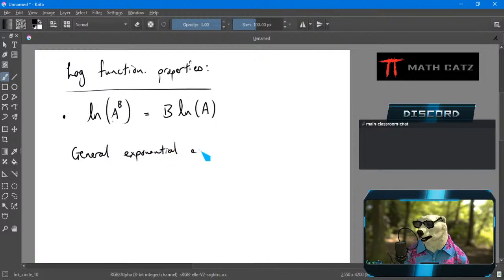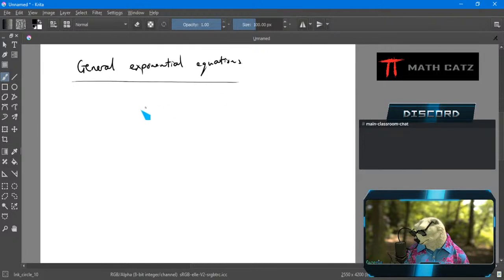Now, previously, we have seen the basic exponential equation where I need the bases to be the same. Using this property and logs, I don't need that anymore. For example, now we're not going to do a ton of these. I really just want to draw your attention to the fact that we can handle all kinds of equations now by using the log function and that specific property.